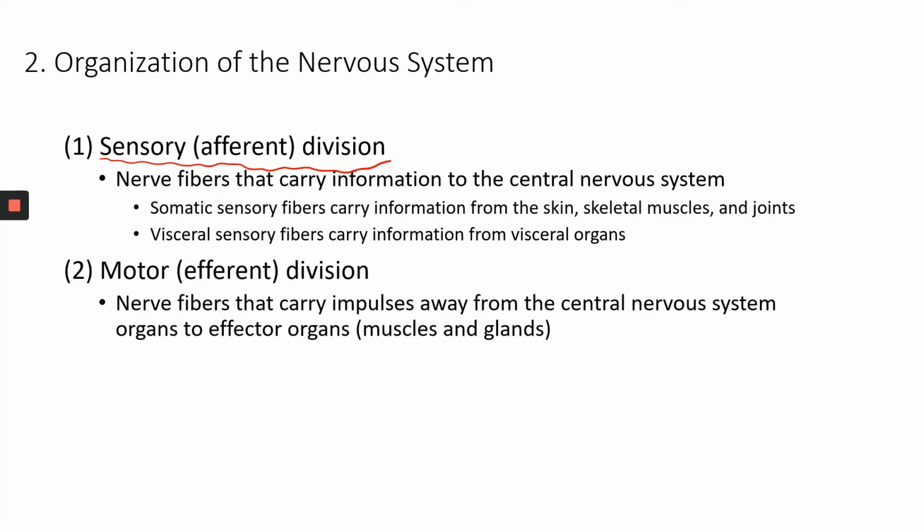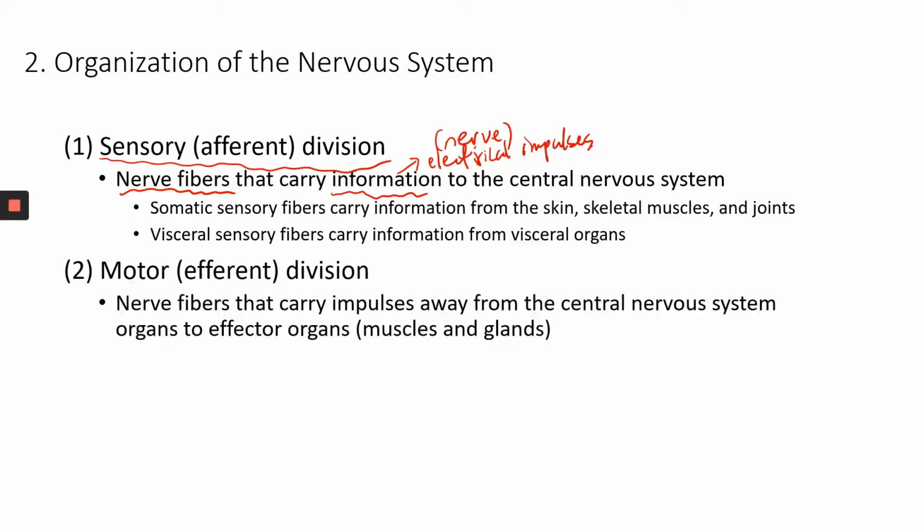So usually it's nerve fibers that will carry or transmit that information into the CNS. Now, I just want to mention real quick that information is in electrical signals. So we call them electrical impulses, or sometimes nerve impulses. Okay, so it's not chemical signals, but electrical signals.